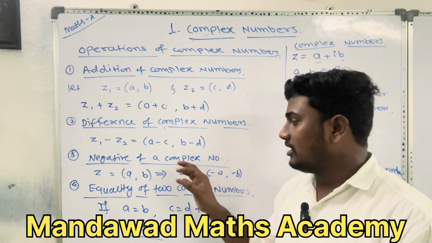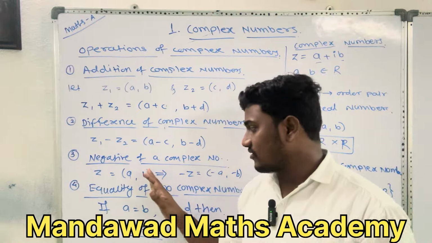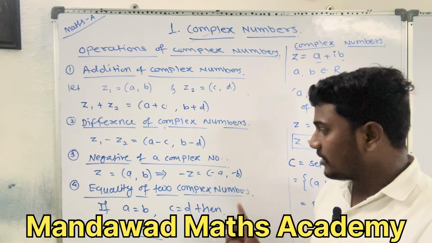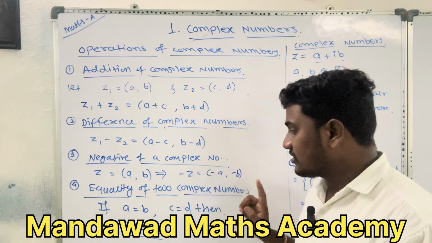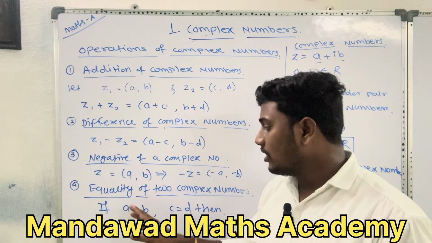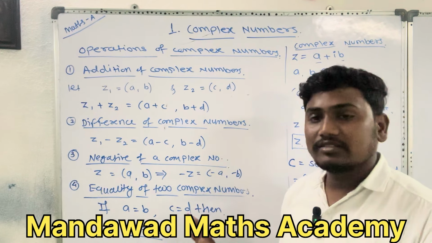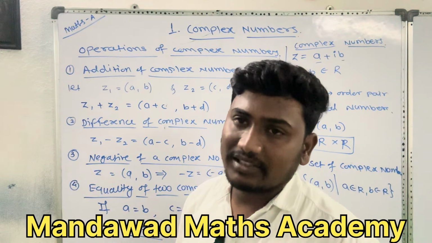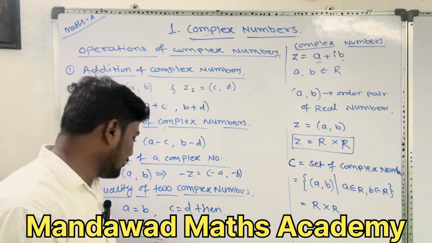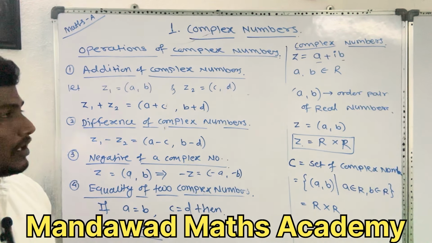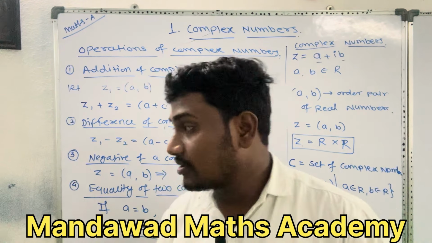For the negative of a complex number Z equal to (a, b), minus Z is (minus a, minus b). Equality: if a equals c and b equals d, then Z1 equals Z2, and vice versa. So these are the operations of complex numbers.